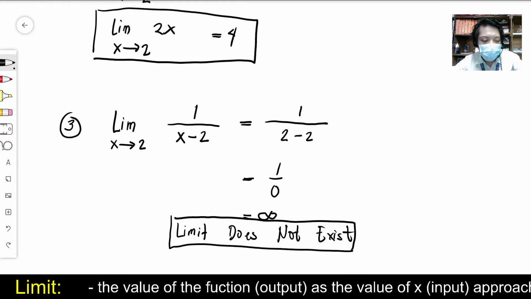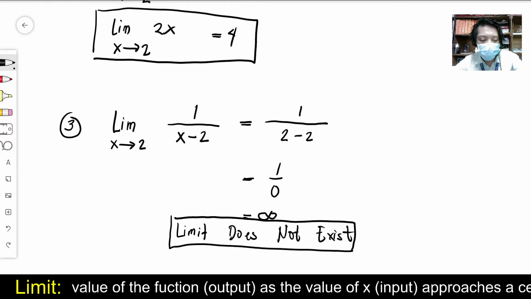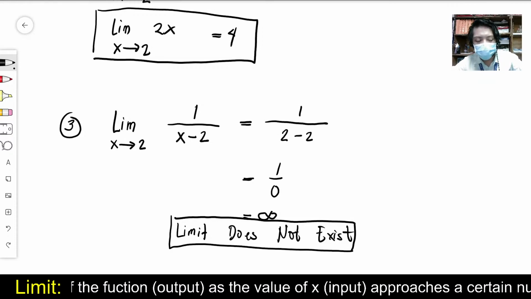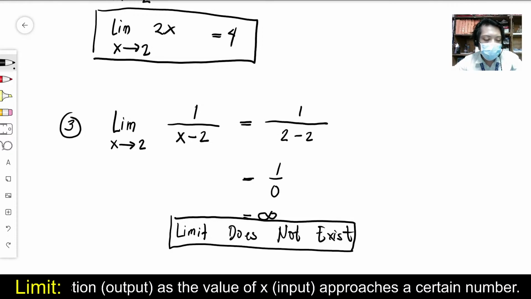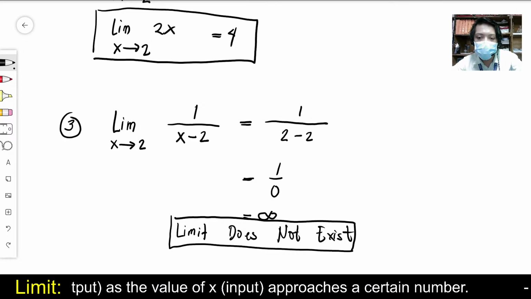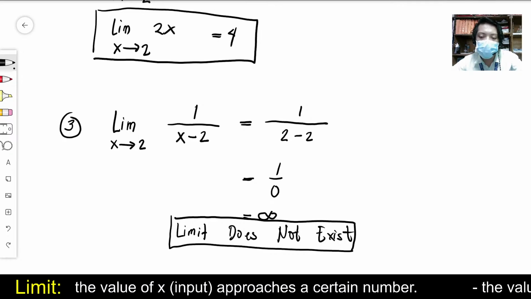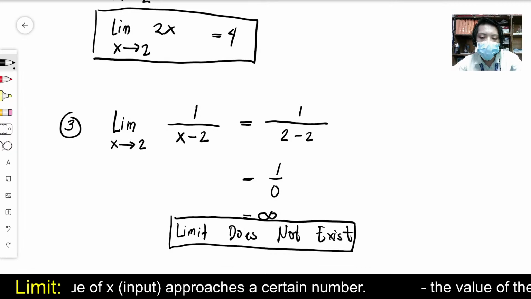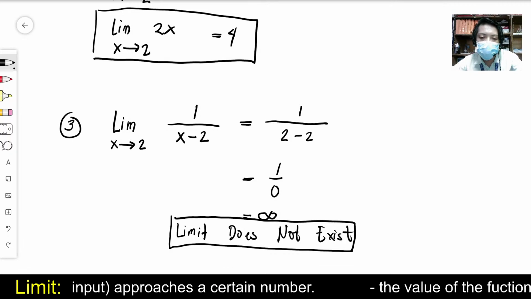Again, a limit is the value of the function, or the output, as x approaches a certain number. So that's how you define a limit. And also, a limit exists.